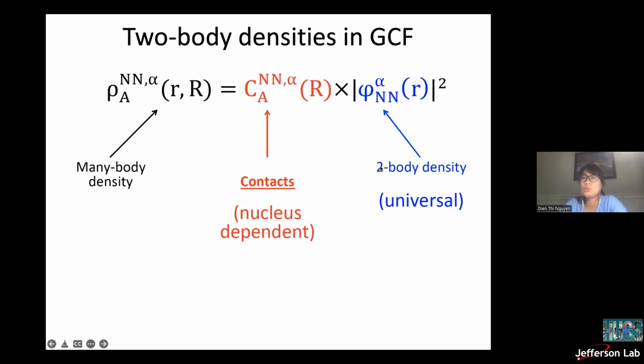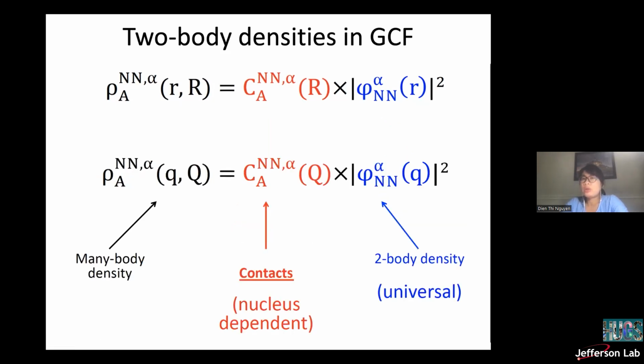And this is the two-body density, and this one is universal. We can do this factorization in terms of the coordinate system, like R here. We also can do it in terms of momentum, where q is the relative momentum and capital Q is the center-of-mass momentum as well.